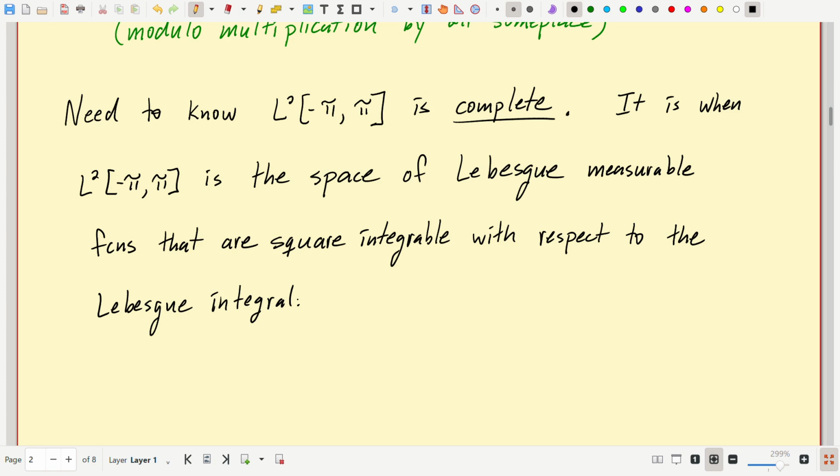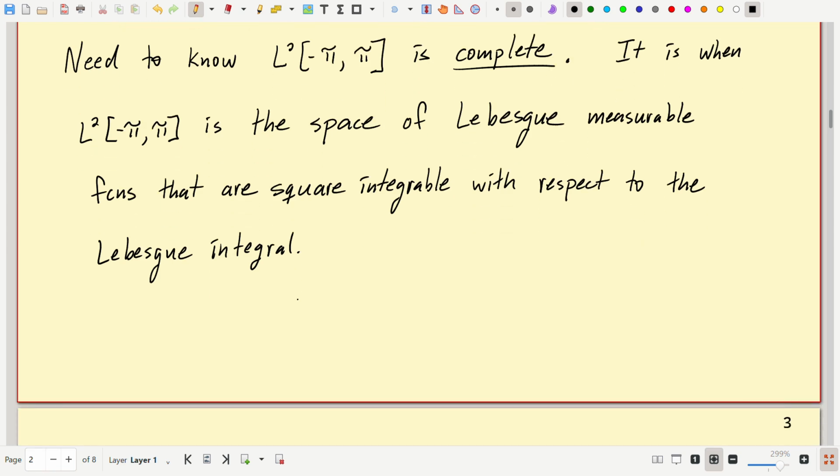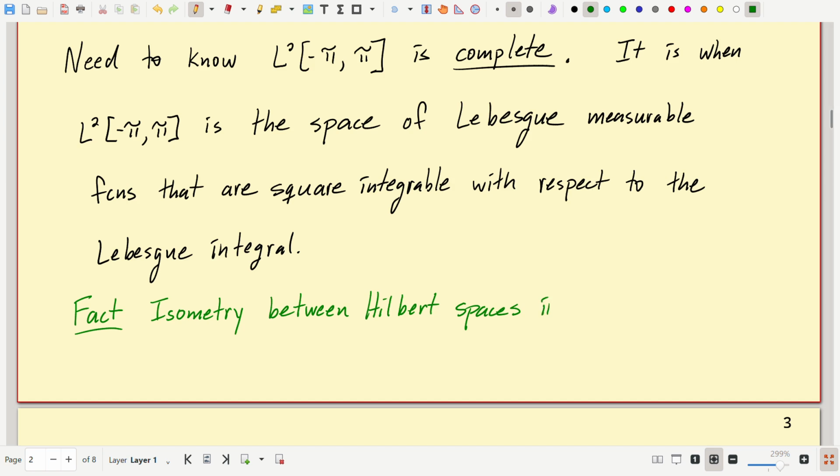It's hard, so that means you can't distinguish those two things. They're the same in every way. By the way, when you have an isometry, Parseval's identity shows you, here's an interesting fact: an isometry between Hilbert spaces easily implies that the inner products are preserved.